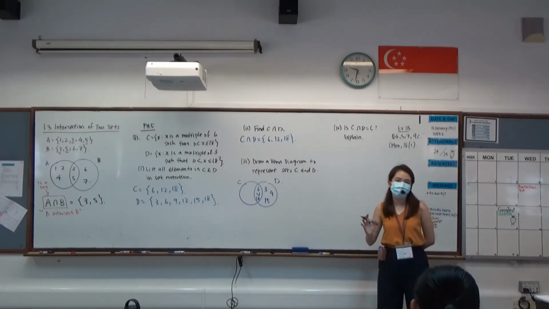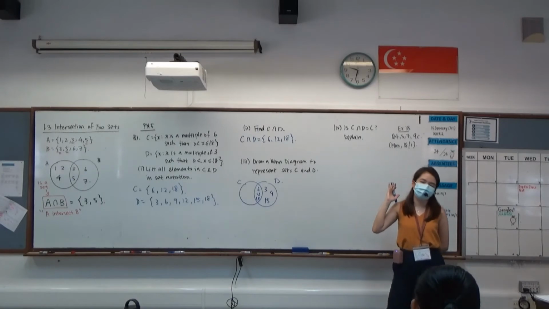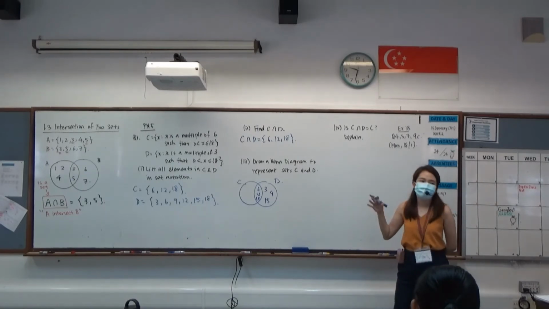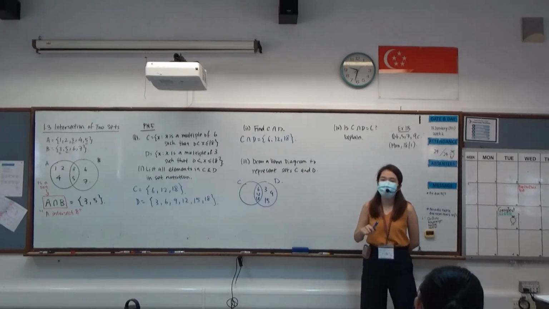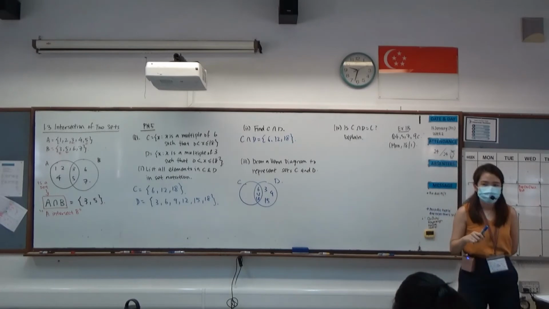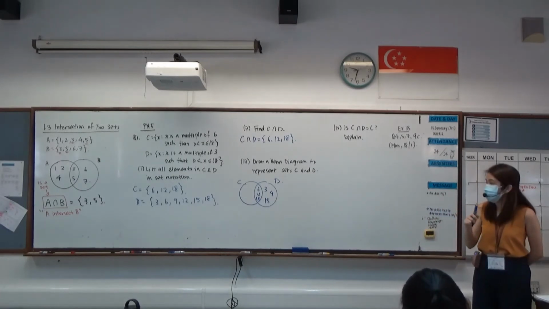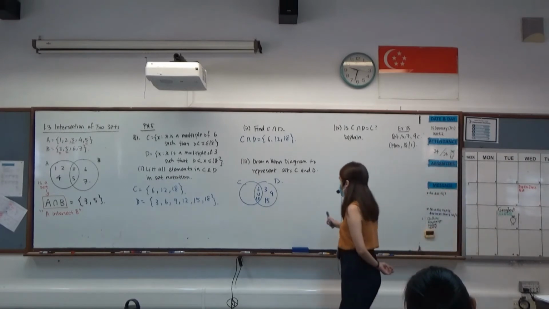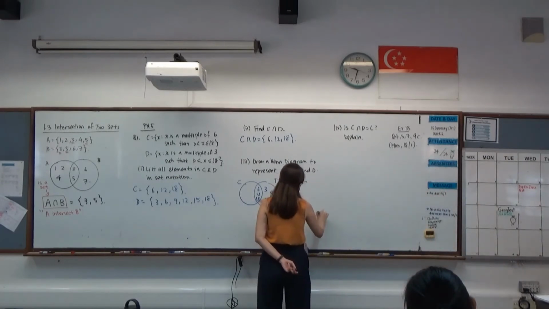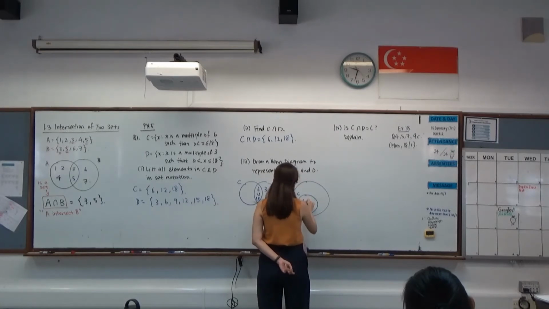I see Dylan raise a hand. If you're not raising a hand, then how else do you think you would have drawn? Circle C inside the circle D. Okay, so meaning like this. 6, 12, and 18. 3, 9, 15.